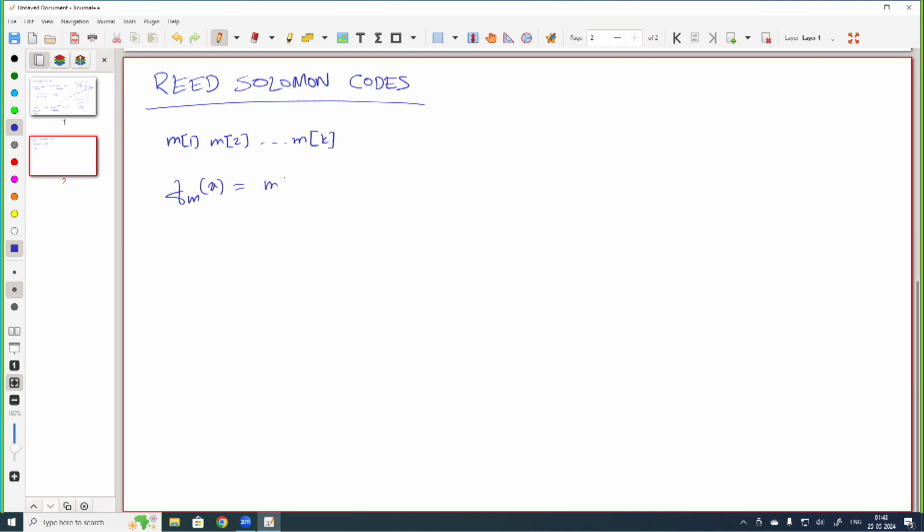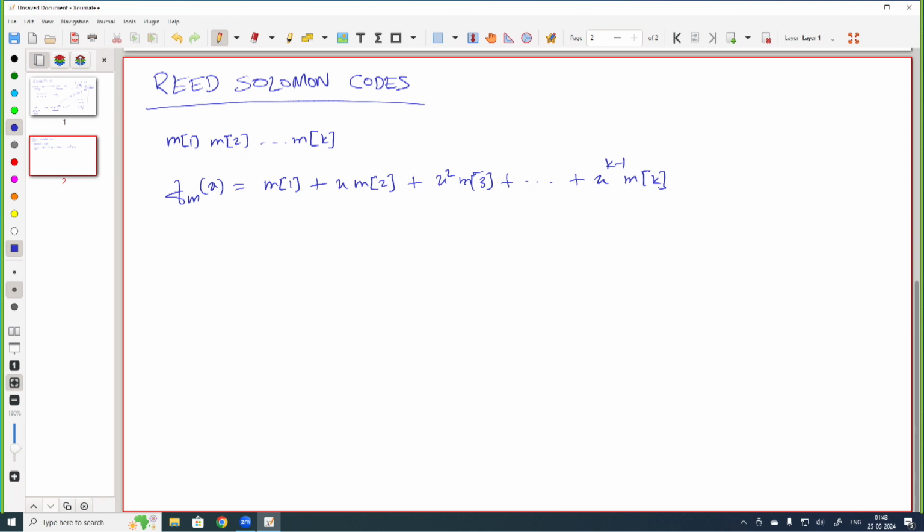It is m1 plus x times m2 plus x squared times m3 and so on, up to x raised to k minus 1 times m k.